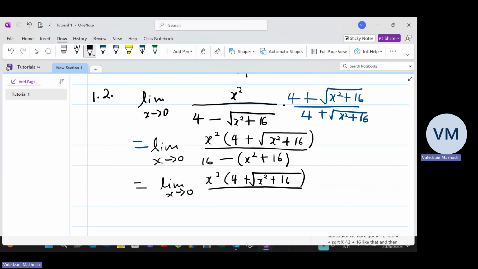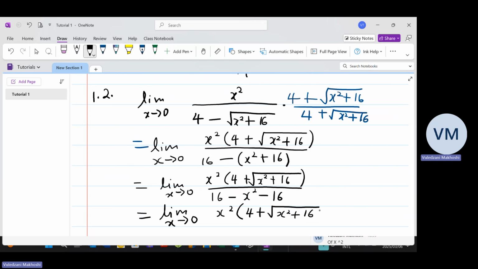And then looking at the denominator, this is 16 minus x squared minus 16, which is equal to the limit when x is approaching 0 of x squared into 4 plus the square root of x squared plus 16, close brackets, over 16 minus 16 is 0.